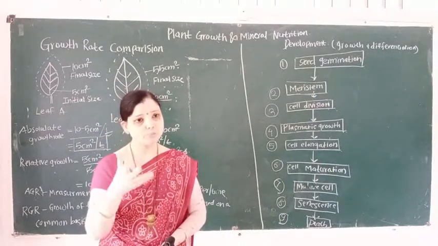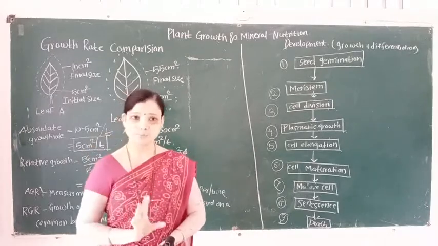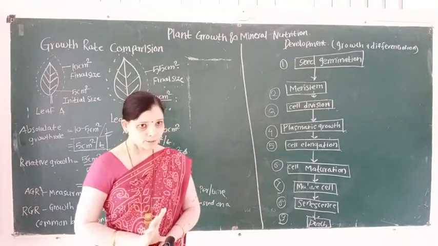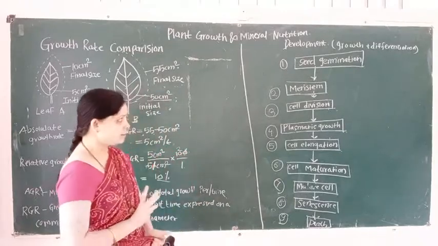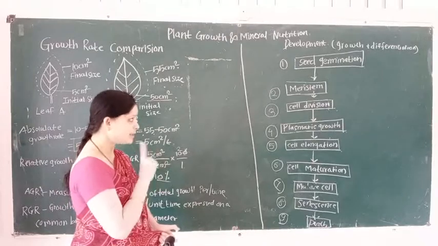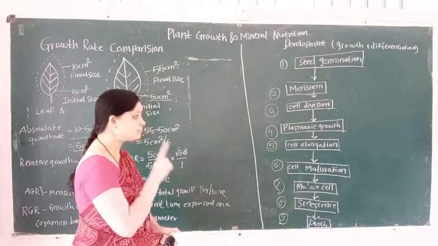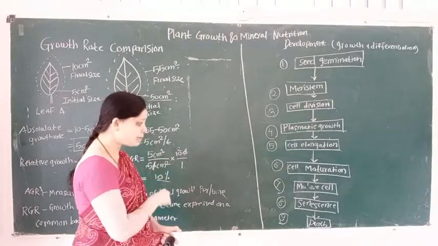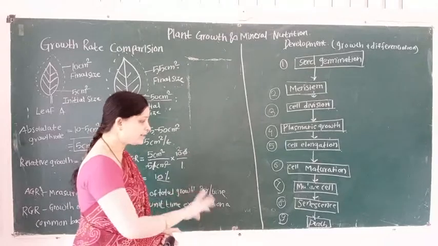These are the important processes that take place in the development of the organism. So in this flow chart, we see seed germination, meristematic tissue, cell division, plasmatic growth, cell elongation, cell maturation, mature cell, senescence and death.